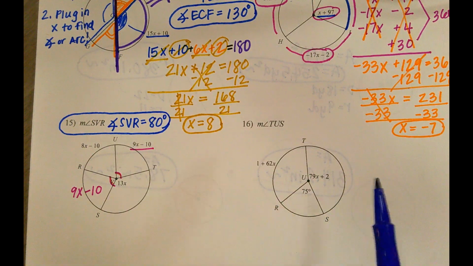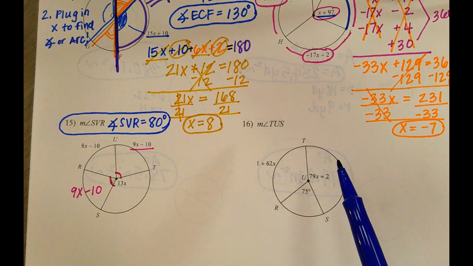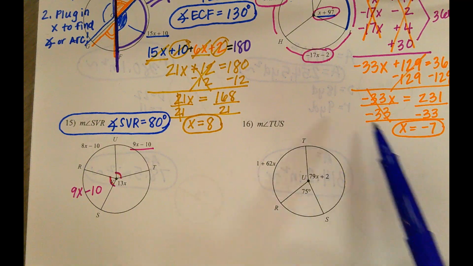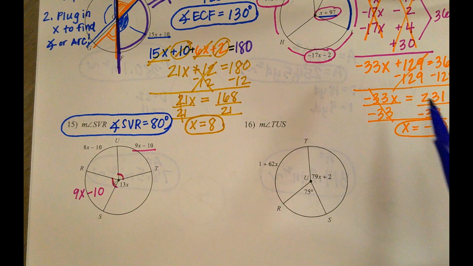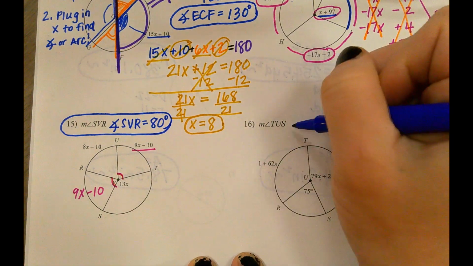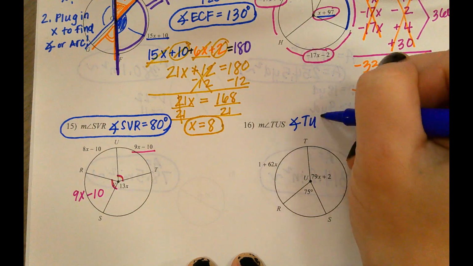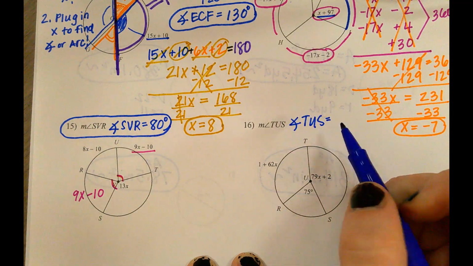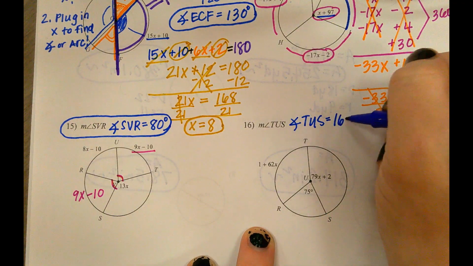For number 16, again, all of our angles are labeled, so we can just add them together and set them equal to 360, just like the last one. If you do decide to work this one out, the answer for the angle TUS should be 160 degrees.